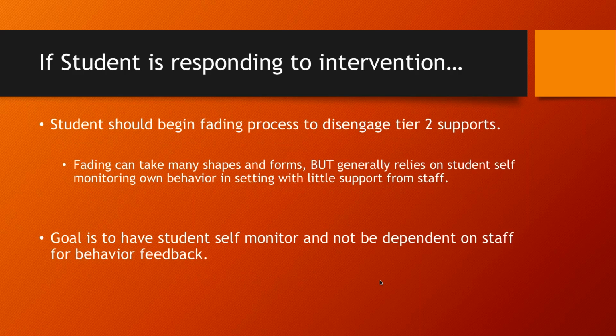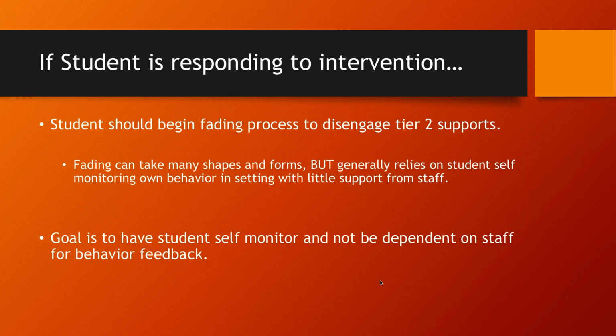The other piece is really about that fading piece, that Tier 2 was never really intended to be a life sentence. Students shouldn't be hanging out in check-in/check-out for a couple of semesters with little or no change to their support. The same goes for social academic instructional groups. Mentoring can be more ongoing, and it can also be a little more short term.